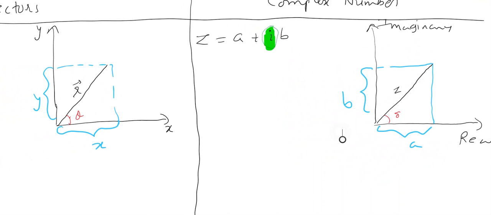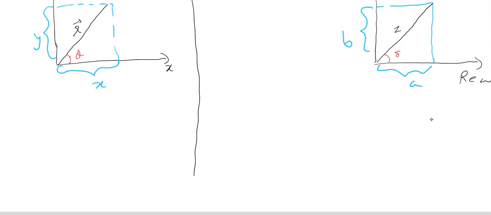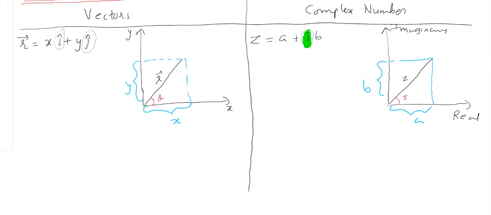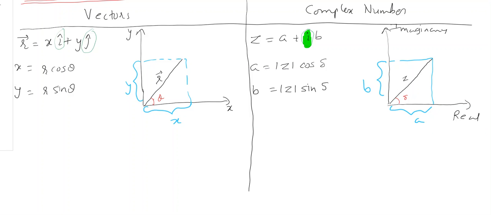The way you have direction in case of a vector, in case of a complex number it is phase. So x can be written as r cos theta, a can be written as mod z cos delta, y can be written as r sin theta, the imaginary part of the complex number can be written as mod z sin delta.